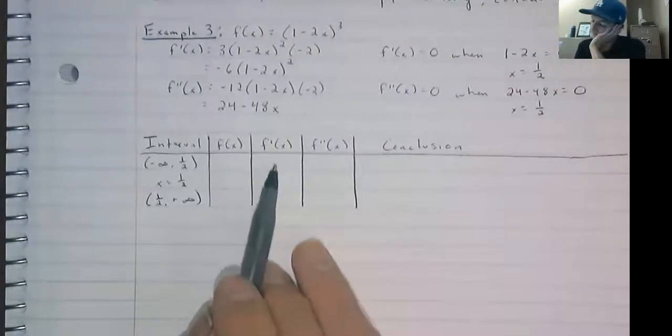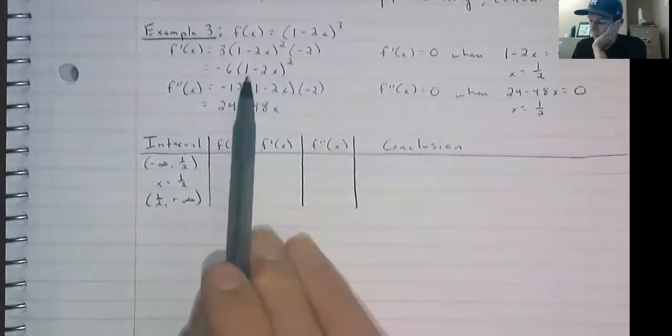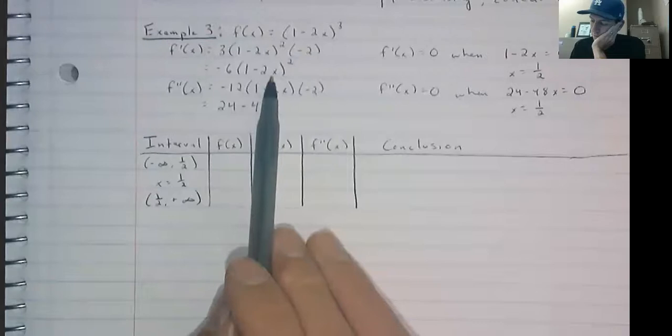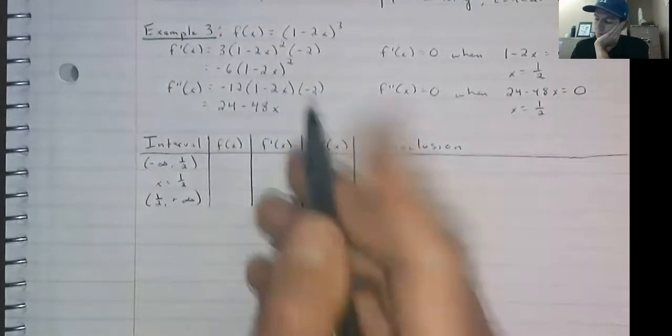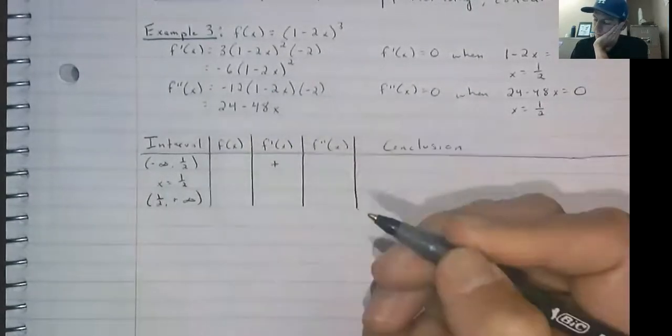So first derivative, when we are less than 1/2, this quantity will be, let's think about this, positive, yeah? Positive. That makes sense.